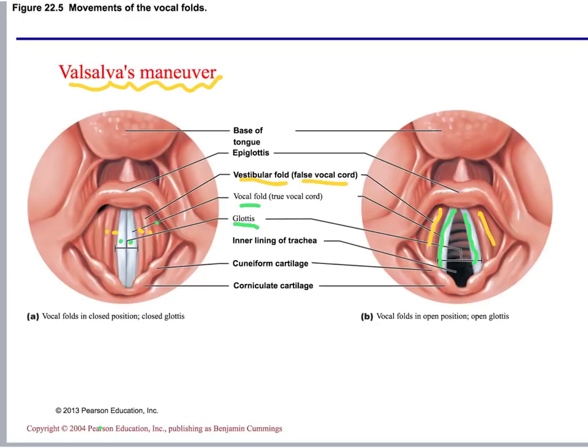These vocal cords are attached to the thyroid cartilage and also the arytenoid cartilages. At puberty, especially in boys, when testosterone is produced, the cartilages, especially the thyroid cartilage, which becomes the Adam's apple, increase in size.